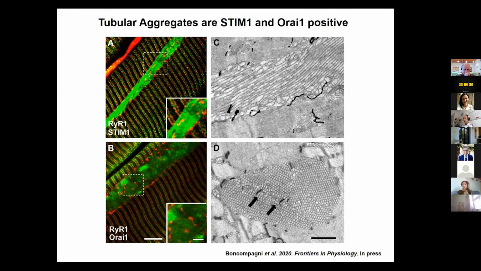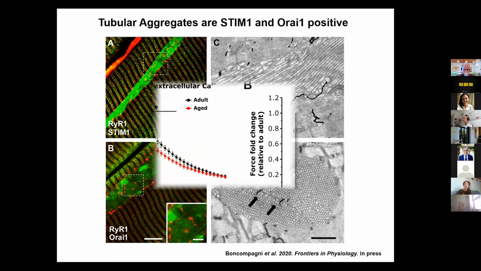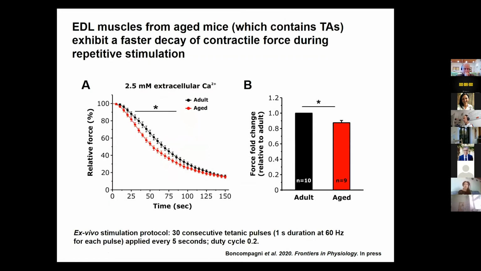And this hypothesis is nicely supported also by functional experiments. Indeed, we subjected intact EDL muscle fibers isolated from adult and aged mice to an ex vivo fatigue protocol based on 30 consecutive tetanic pulses at 60 hertz of frequency and in the presence of 2.5 millimolar extracellular calcium.